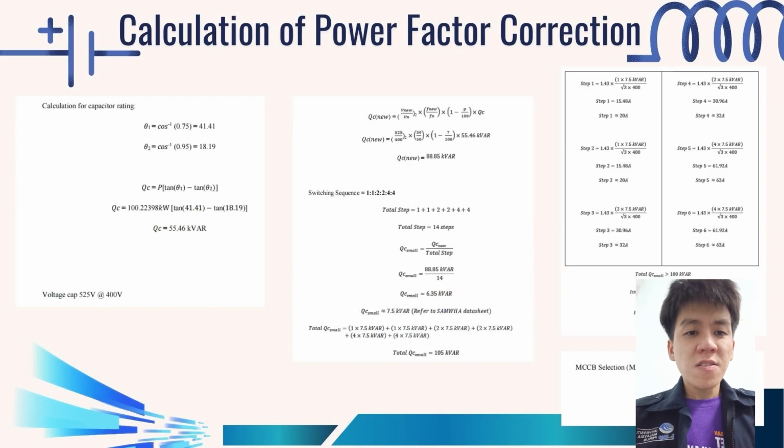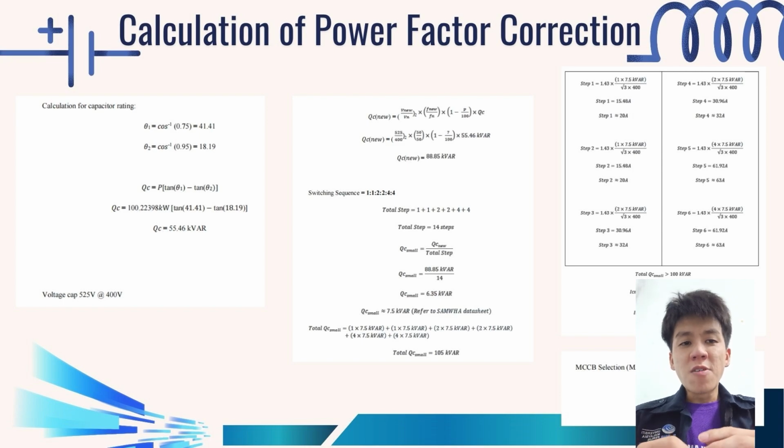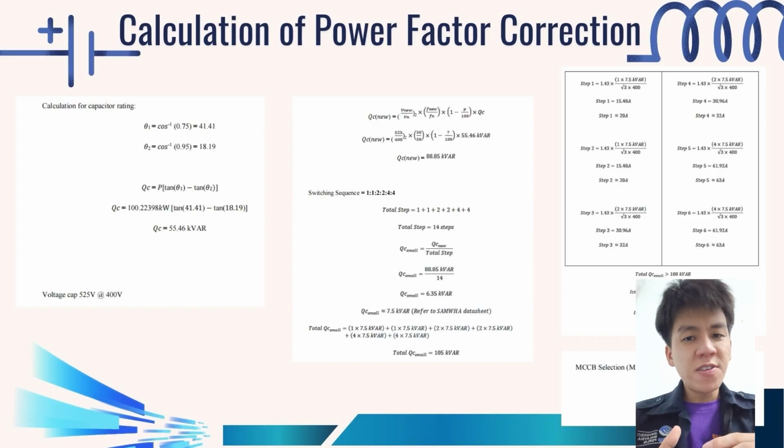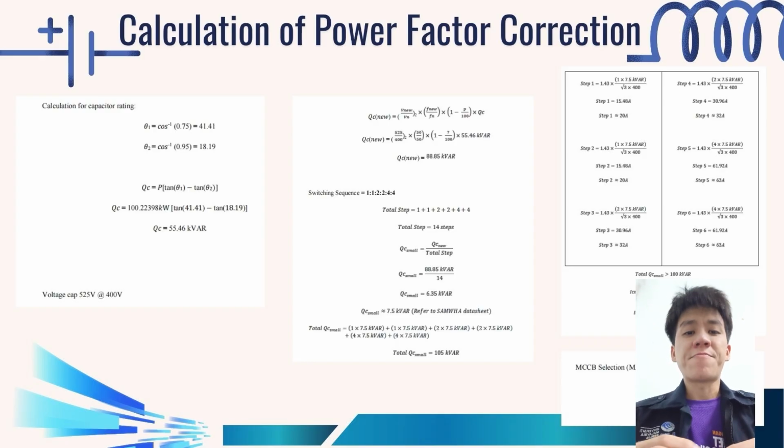Our system aims to improve the power factor from 0.75 to 0.95. We use a 525 volt rated capacitor bank. From our calculation, the existing reactive power QC is 55.446 kVAR, and the required new QC is 88.85 kVAR.